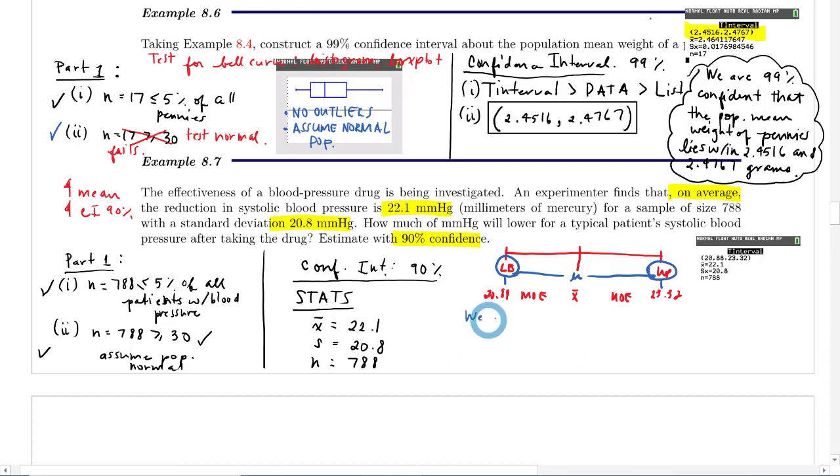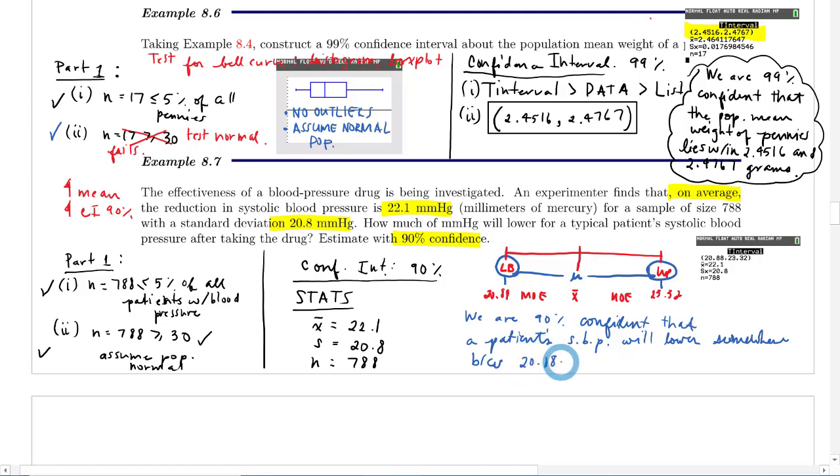So let's go ahead and interpret this. This says that we are 90% confident that a patient's systolic blood pressure, SBP, will lower somewhere between 20.88 and 23.32 millimeters of mercury, mmHg.